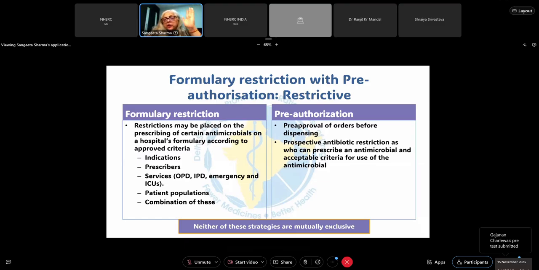By the time 48 to 72 hours reports are available, you need a review by a senior consultant, who can then say, okay, this broad spectrum antibiotic can be continued, or it should be de-escalated from broad spectrum to narrow spectrum. Or stop decisions may also be taken. So these work very well.